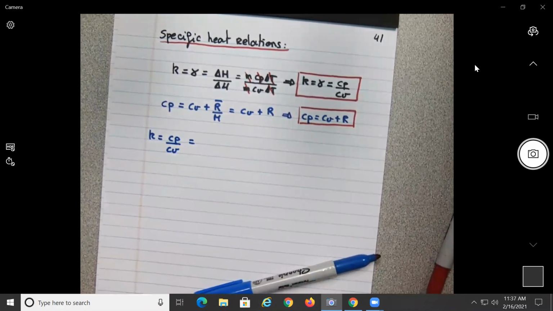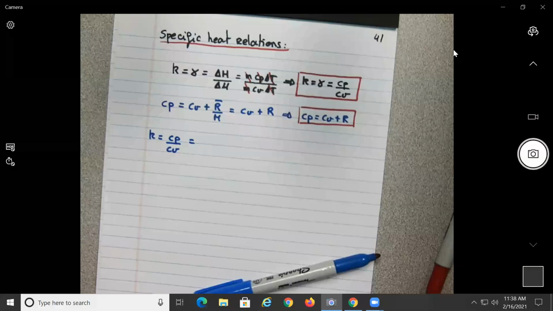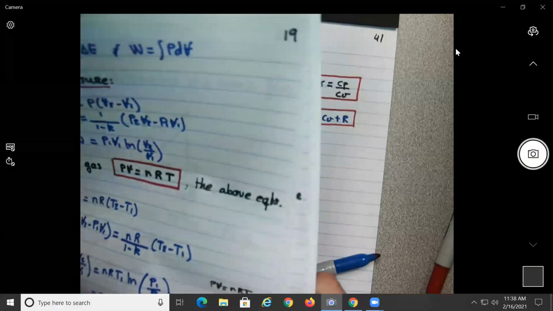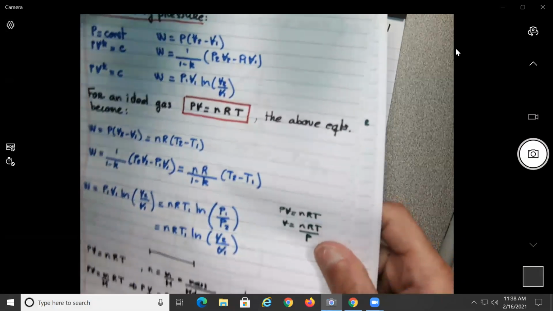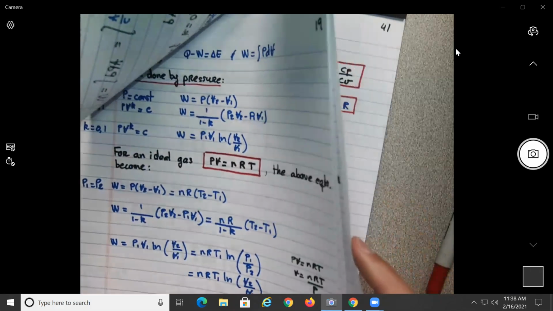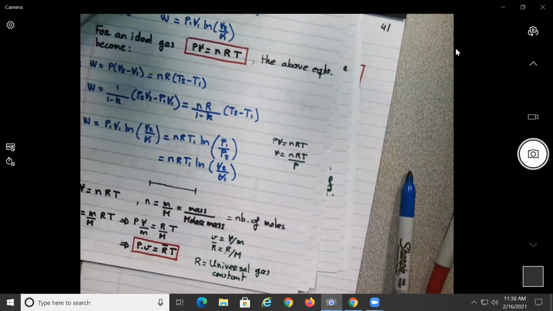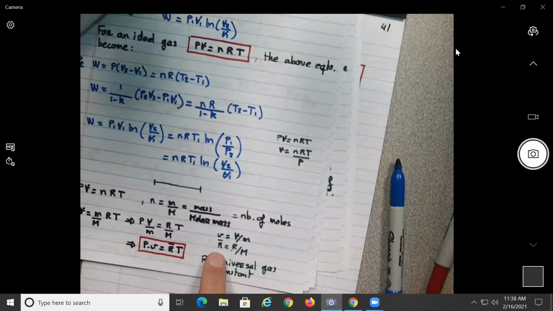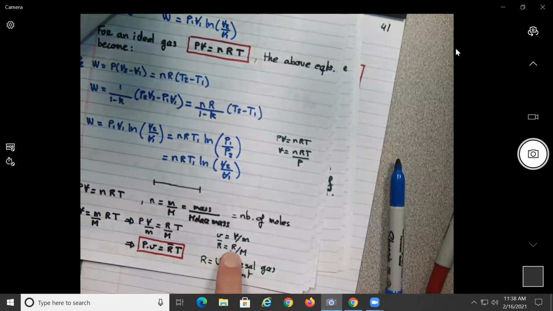Because I tell you, always, Zoom recording, I maybe correct this one. So let's try to be consistent with the notes. If you go to page 19 on the class notes, I did define at that time that R bar is the gas constant divided by the molar mass. So R is the universal gas constant.